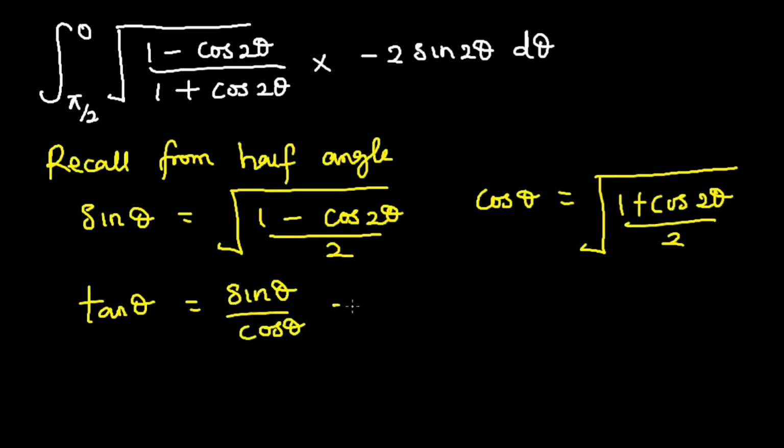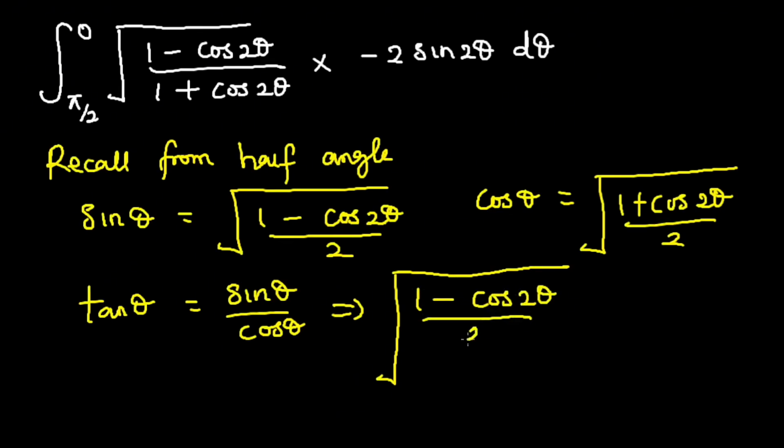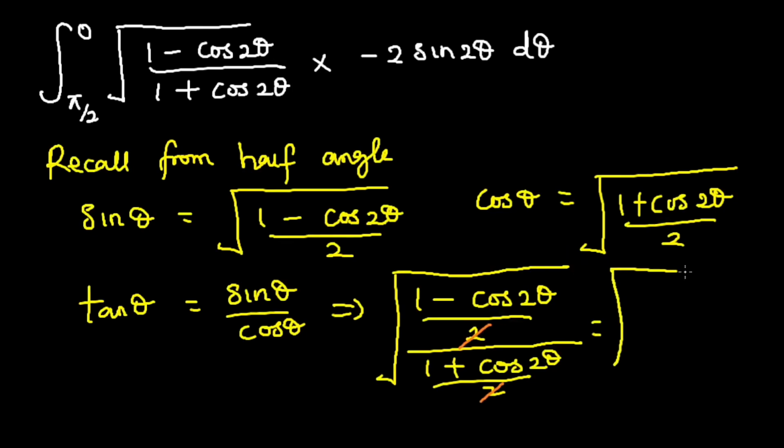I will be having the root of 1 minus cos 2 theta, which is representing my sine, over 1 plus cos 2 theta over 2, which is representing my cos. Then 2 cancels 2. Then I can say that it will be 1 minus cos 2 theta over 1 plus cos 2 theta.